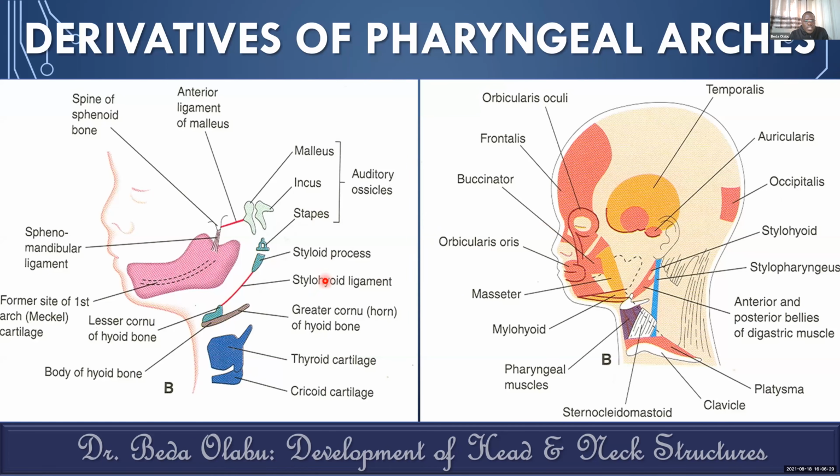So if you start on this left side, you can see the one that corresponds to the first pharyngeal arch there. The one corresponds to the second pharyngeal arch there. The one corresponds to the third arch, and the one corresponds to the fourth and sixth arch there. Well, the muscles migrate a lot, and so I think we'll just go with what I've already told you about the muscular derivatives of each arch.